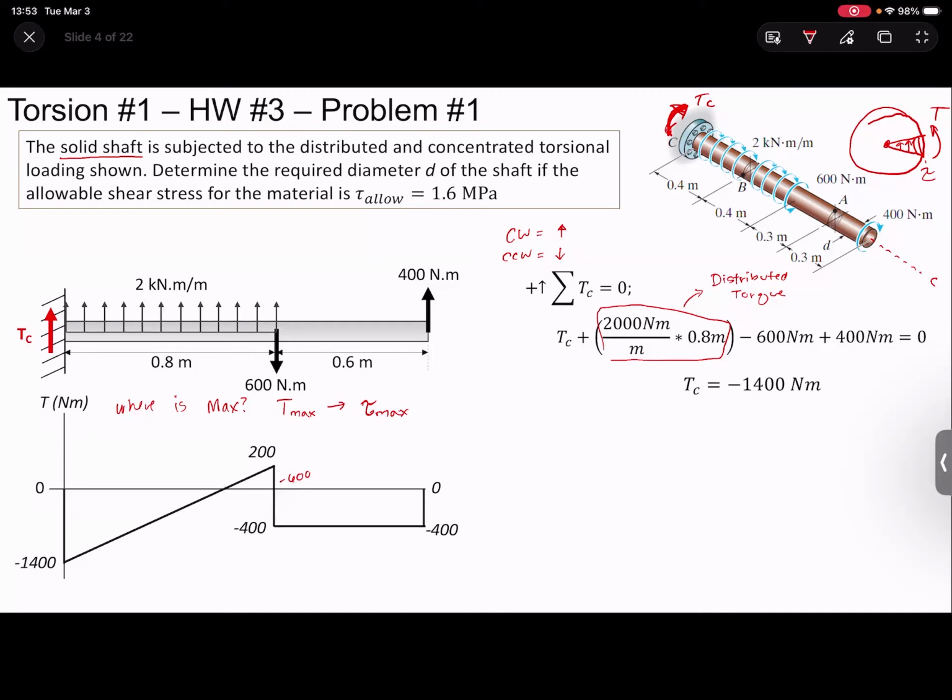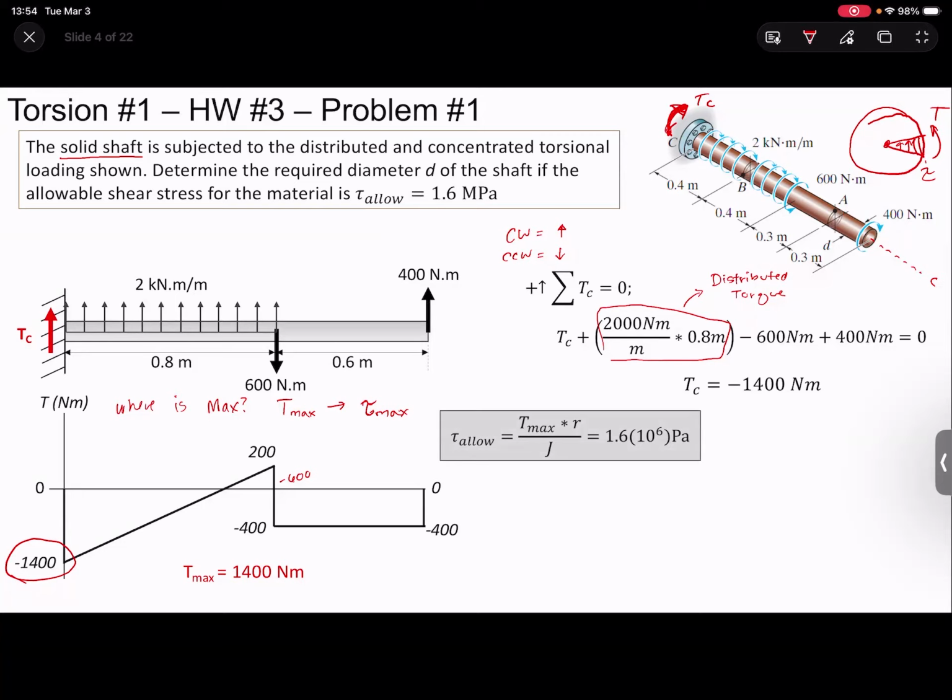So that max torque is going to be 1,400 Newton meters in this direction right here. So that's our max value. Even though it's negative, remember the negative just tells us direction. So it's still the max total value that's going to be included in it. So this is our maximum.